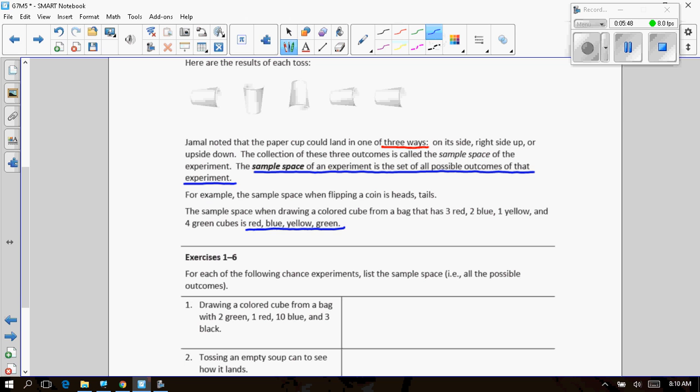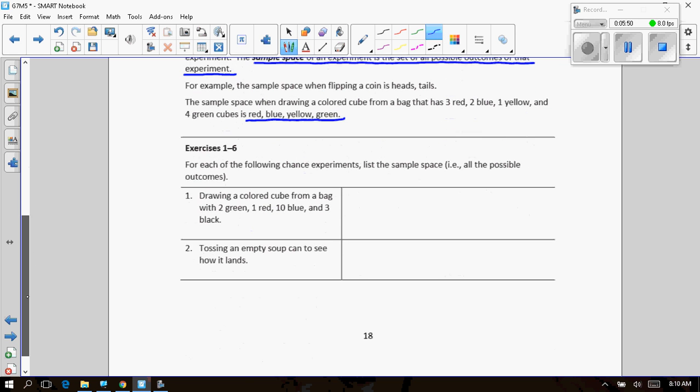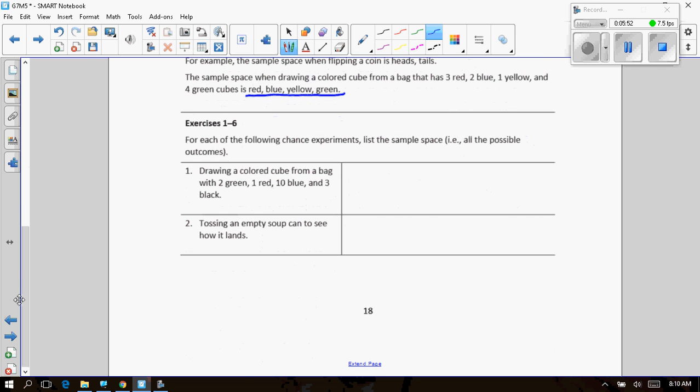All right, so let's answer a couple questions here. For each of the following chance experiments, list the sample space, in other words, all the possible outcomes. So drawing a colored cube from a bag with 2 green, 1 red, 10 blue, and 3 black.